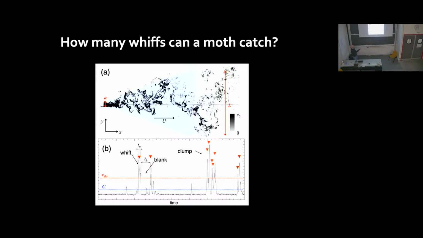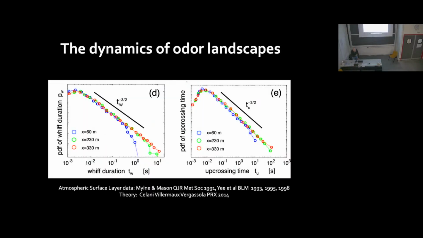So the task of the male moth is to decode this very sparse and intermittent information and turn it into information about where the female is. To add complexity to this situation, this is the statistics of time intervals between two different signals that an insect can perceive when it is at, say, tens to hundreds of meters away from the source.